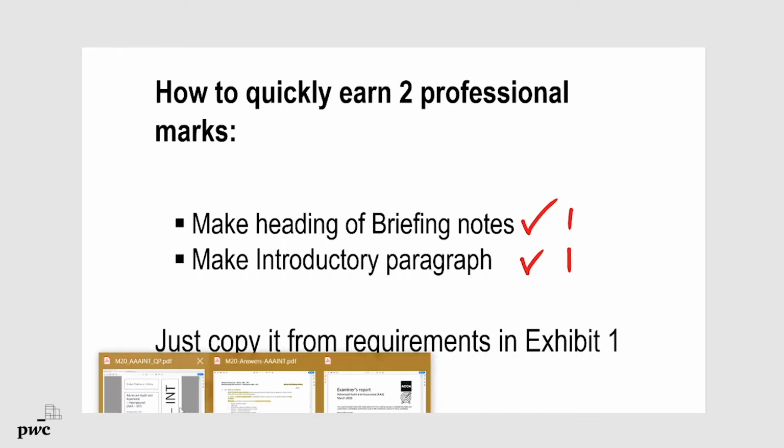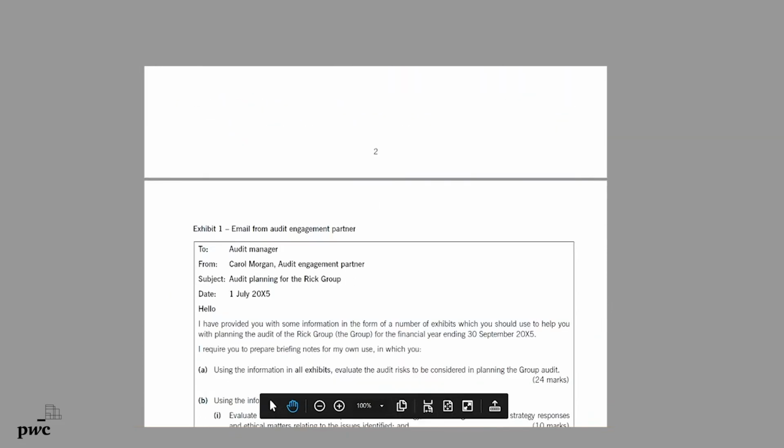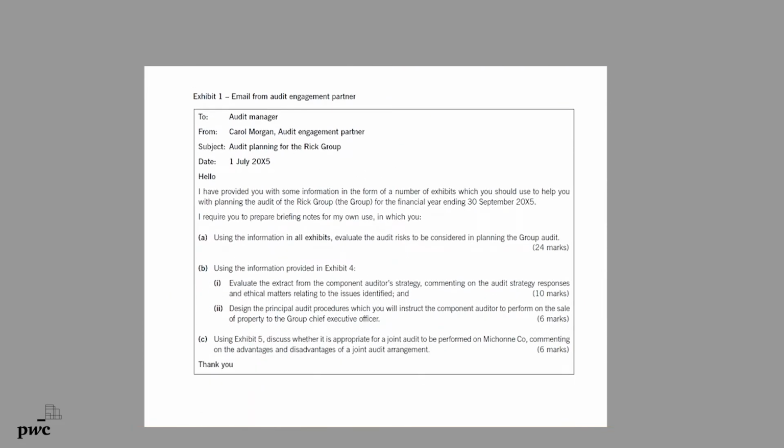It is very typical for the AAA exam that the requirements for question 1 are always in the form of an email from the audit engagement partner to the audit manager, and typically are located in such a box in Exhibit 1.